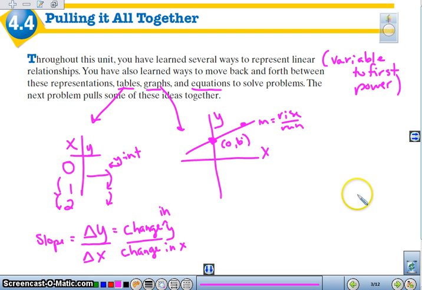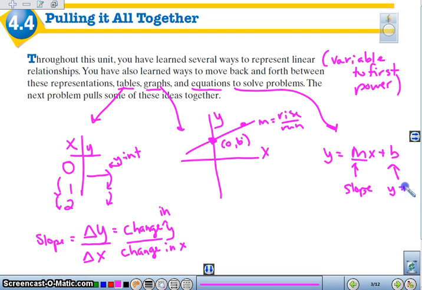And that helps us to write an equation. And in the last one, when we actually have an equation, we are always looking at the form being y equals mx plus b, where we know up to this point that m is our slope, it's a number, it's a ratio of rise to run, and b is our y-intercept. And that y-intercept can be found in a graph and in a table.